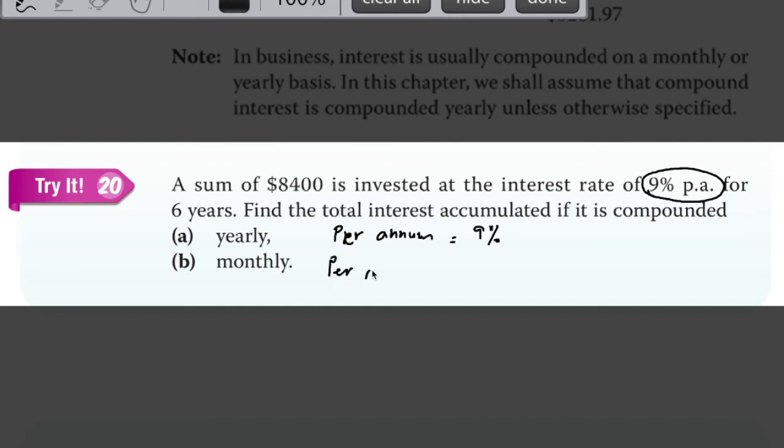Per month will be 9 divided by 12. It will be 0.75%. So 0.75 per month. Then we calculate as usual. We have 6 years. We need to know 6 years is how many months. That will be 72 months.